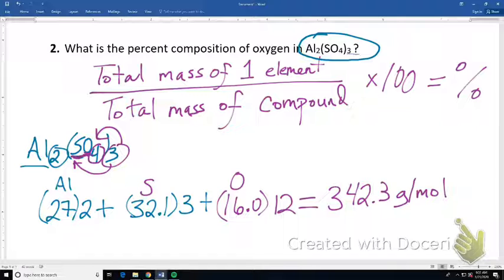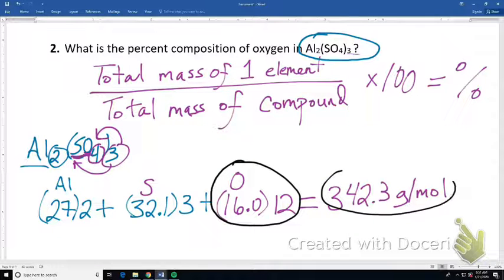So now I just have to do my percentage question. Total mass of one element divided by the total mass of compound. Since this question is talking about oxygen, the total mass of oxygen is this part of my equation. And I'm going to divide it by this part. So 16 times 12 is equal to 192 grams per mole.